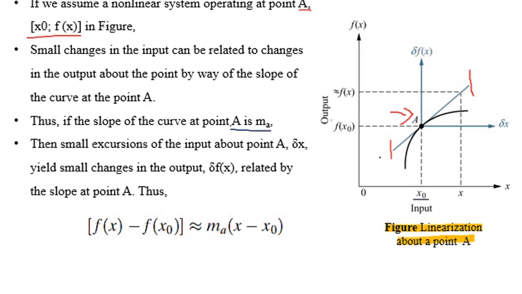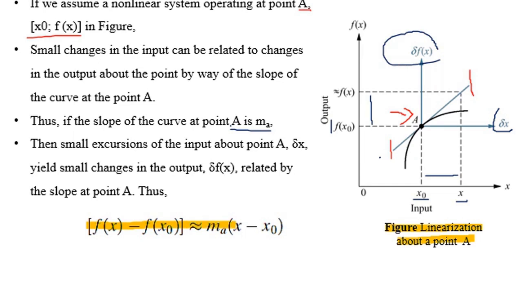As the system is operating at point x0, f of x0, we will introduce a small change in input, which is del x, and with this our new input will be x. The difference between x and x0 will be del x, whereas the difference between f of x and f of x0 will be del f of x.